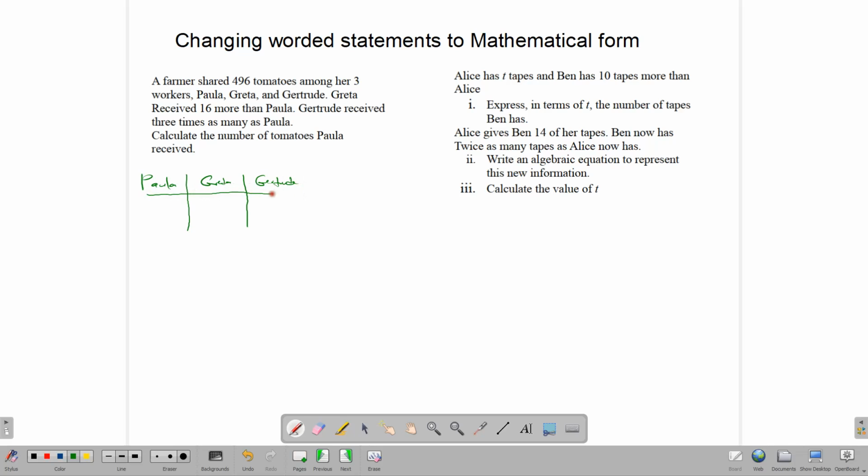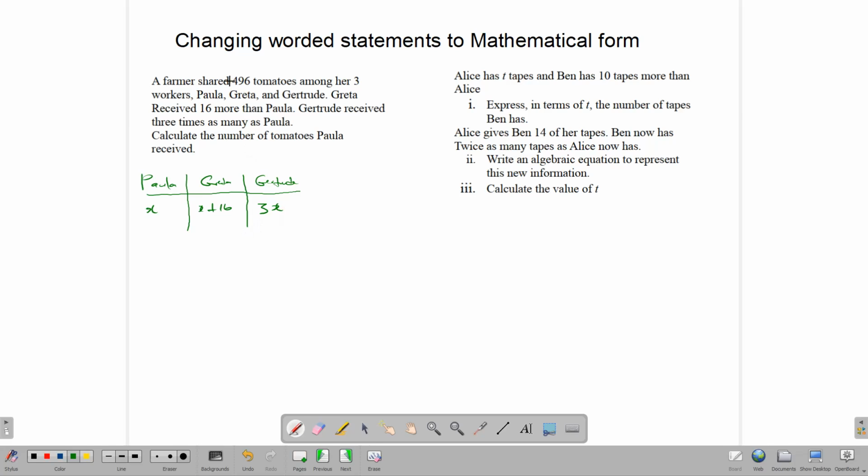What we know is that whatever number of tomatoes Paula got, let's call that X, then Greta got 16 more. So Greta is going to get X plus 16. Now Gertrude received 3 times as many as Paula. So whatever number Paula got, Gertrude is going to get 3 times that amount.